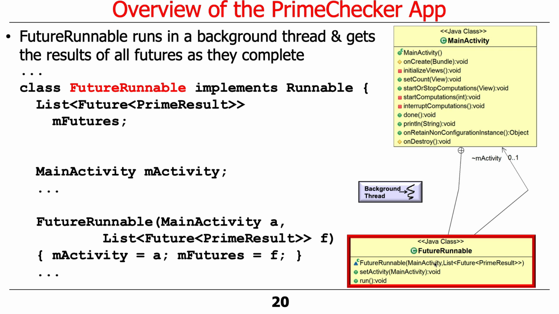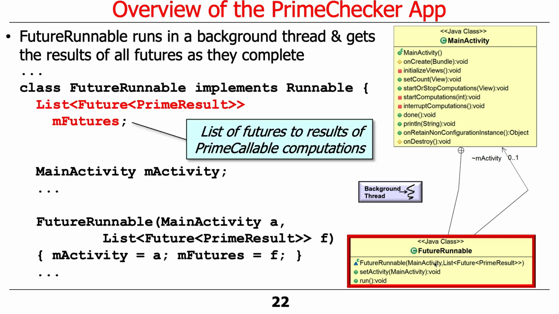Here's the future runnable. This is the computation that runs in a background thread, and its purpose is just to take all those futures to prime results and basically wait for them to complete. So future runnable implements runnable.